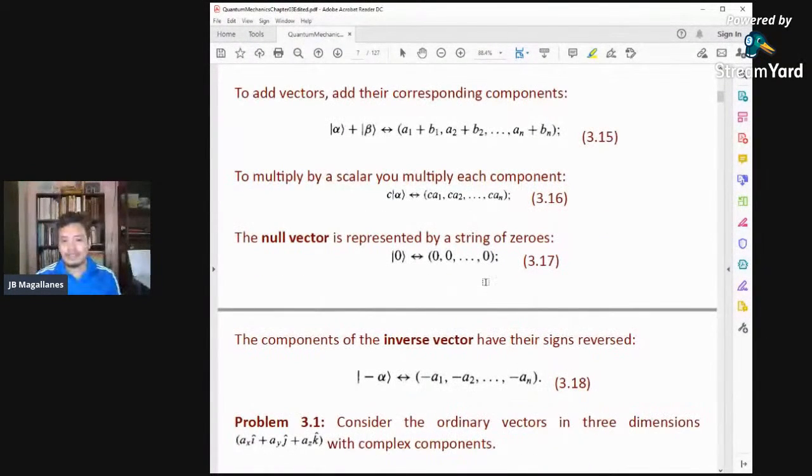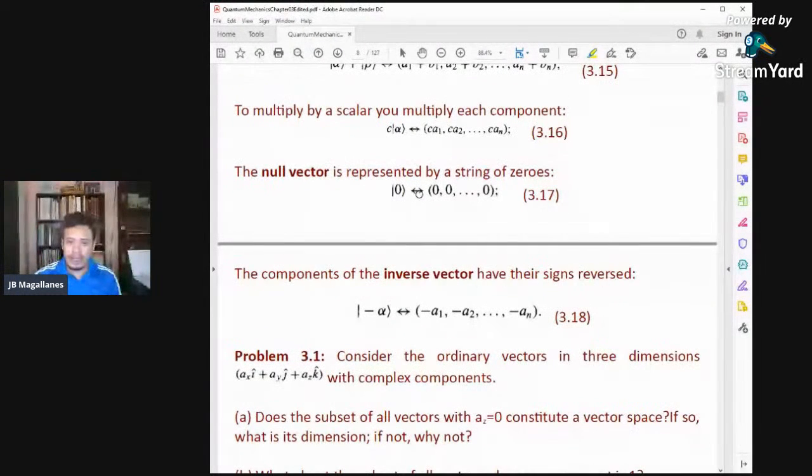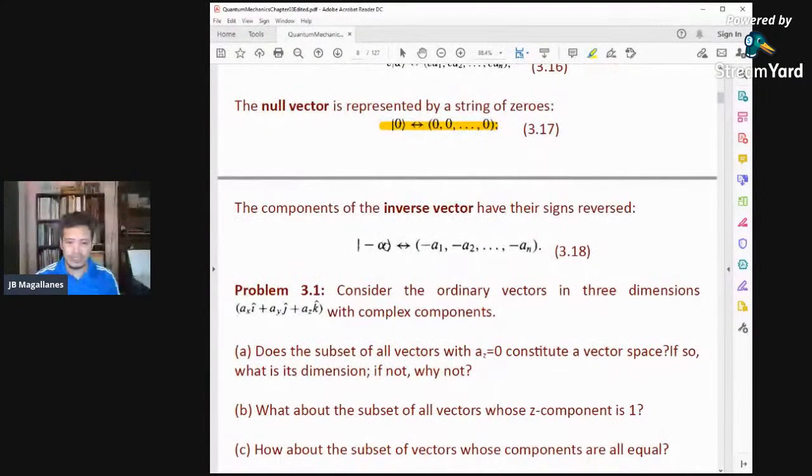The null vector, as I said earlier, is a vector with all zeros as components. The negative vector has as components the negatives of the original.